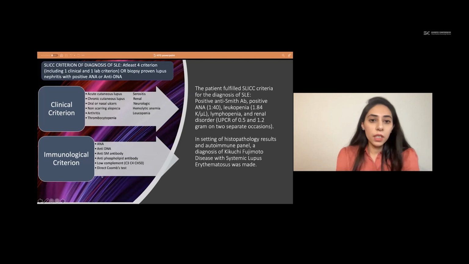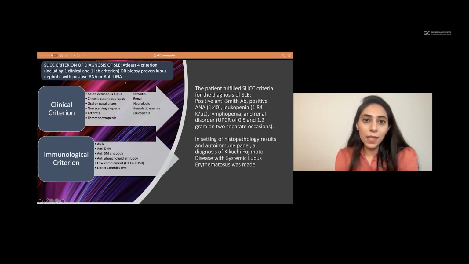Here I've shared the diagnostic criteria for systemic lupus erythematosus. It is called the SLICC criteria, where a patient has to meet at least 4 criteria, including 1 clinical and 1 immunological or lab criterion, or proven lupus nephritis with a positive ANA or anti-double-stranded DNA antibodies.